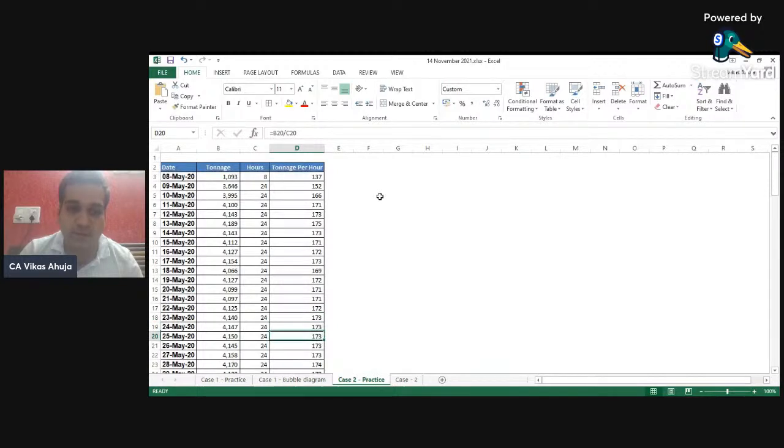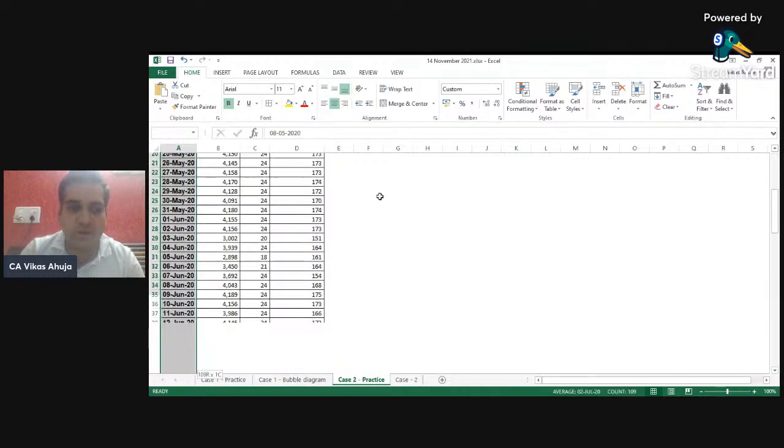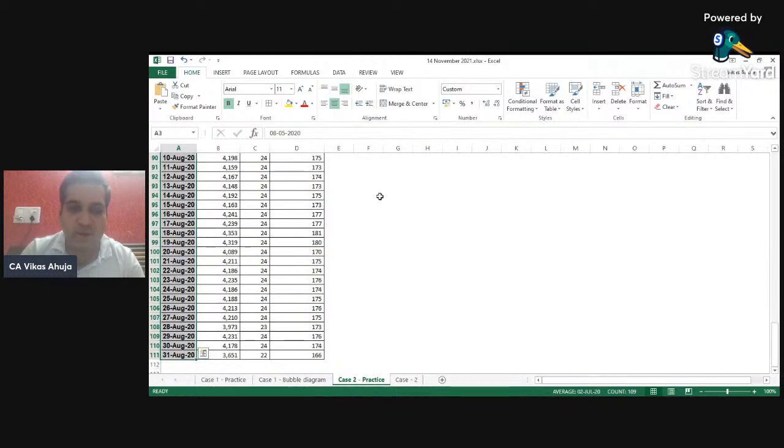Per day, this plant ran for 8 hours and it produced 1093 tons at a tonnage per hour of 137. So in 1 hour, it was producing 137 on 8th of May, which rose to 152 on 9th of May, and so on. There are around hundreds of line items here.